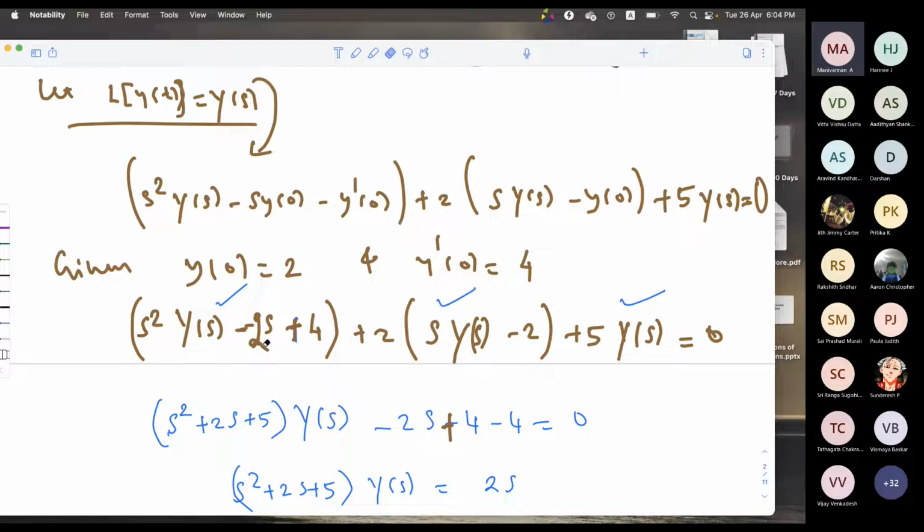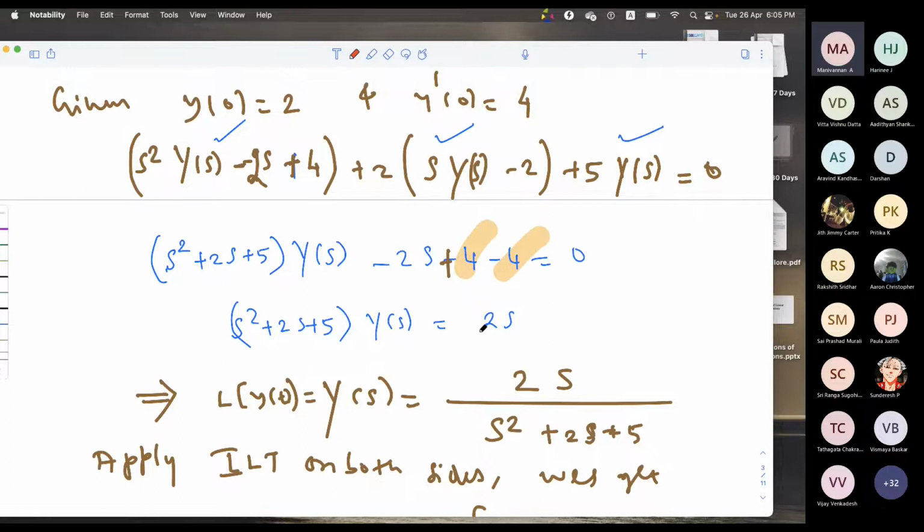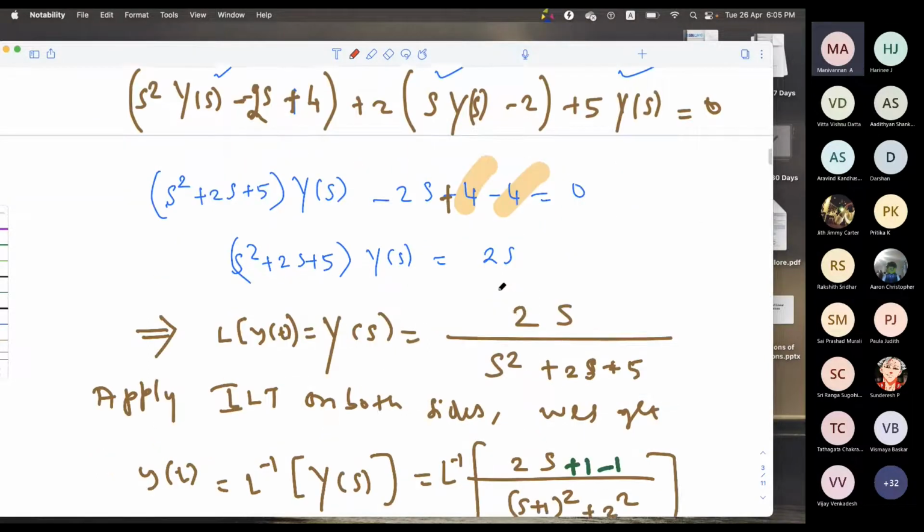After substituting the initial conditions, we get minus 2s plus 4, then minus of minus 4 gives plus 4, so the 4 and 4 cancel. Then it equals 2s. So this term into y of s equals 2s.